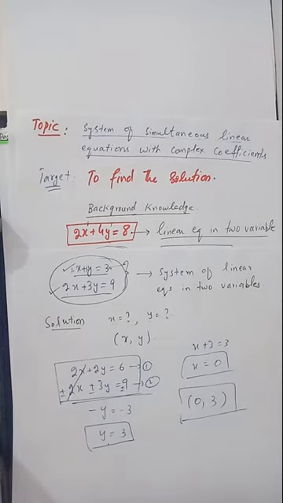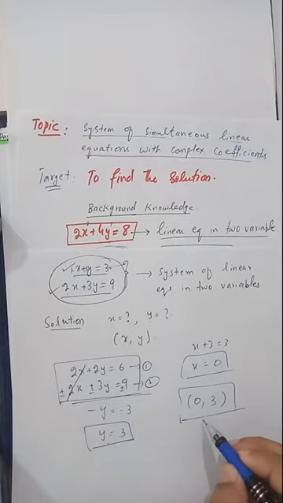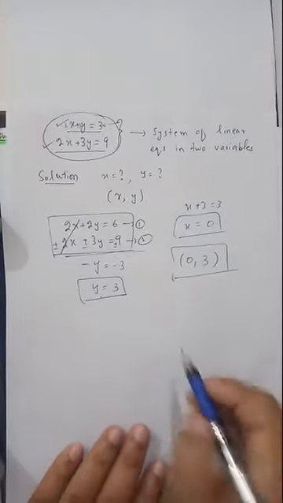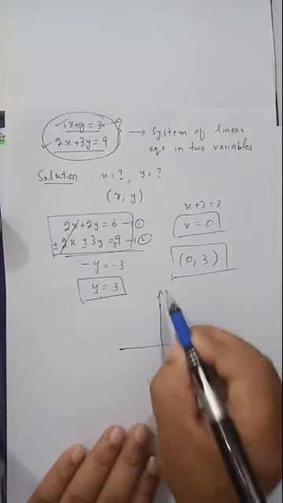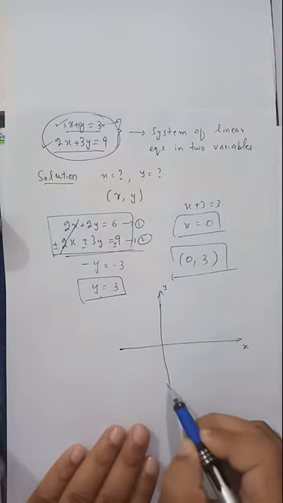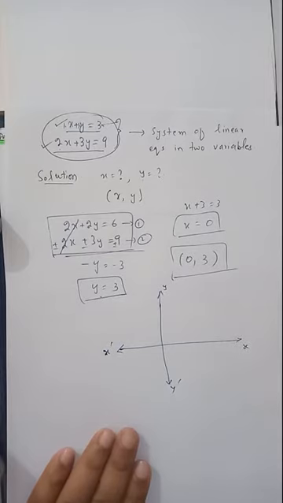(0, 3) is actually a point in a plane. Now you see that I draw this point in a plane. Let's say this is my rectangular coordinate system, this is the y-axis, and this is the x-axis. Now (0, 3).